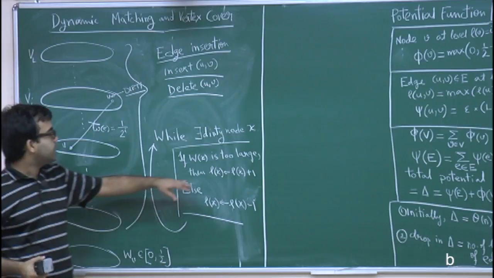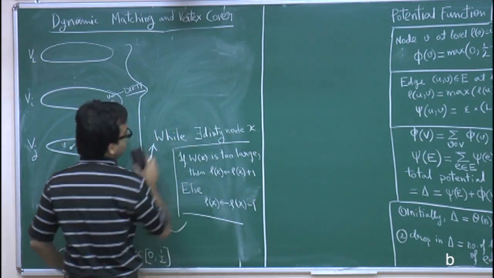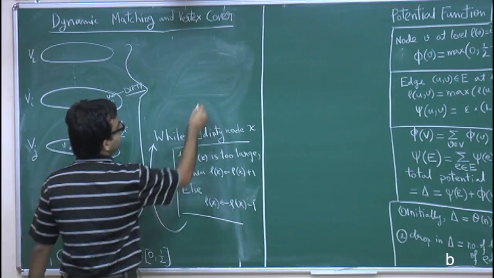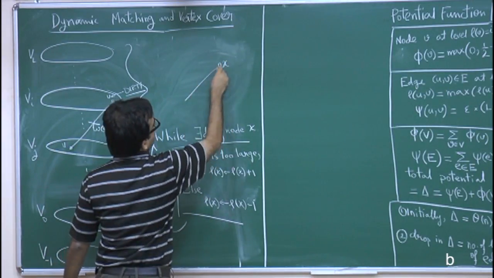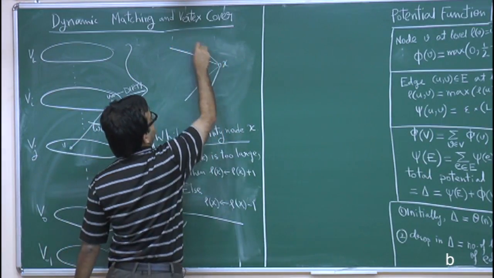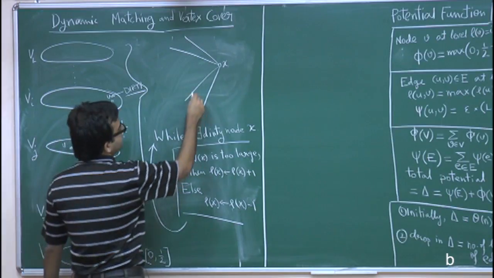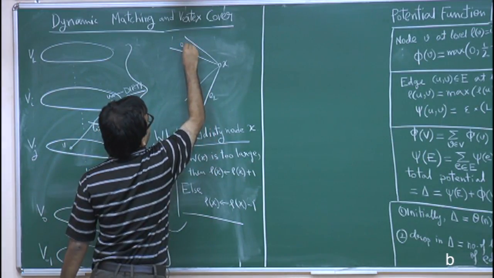Now, what is the justification for this? Let us again look at this picture. Suppose case 1, so the weight of this node is too large. So, here is a node x, and look at the edges it has. Suppose these are the edges incident upon it, E1, E2, E3, E4.